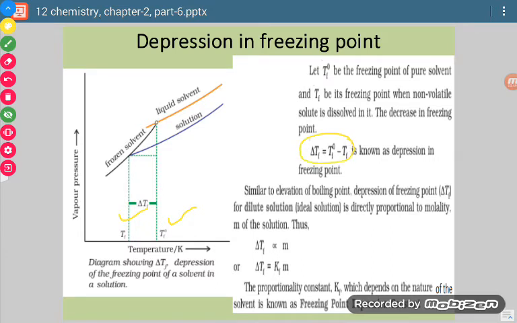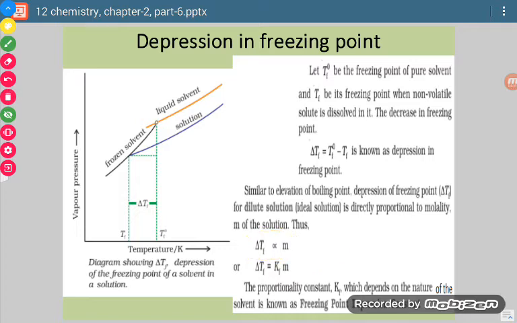So this is depression in freezing point. Now from experimental studies it has been observed that this depression in freezing point is directly proportional to molal concentration of solution. So it means delta Tf is proportional to m, so delta Tf is equal to Kf m.